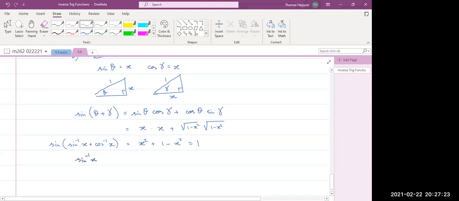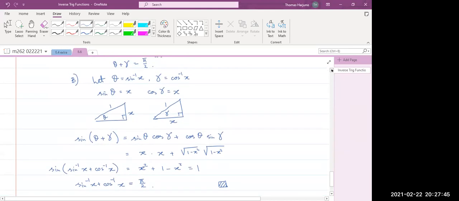Sine of blah equals 1 implies that blah must be pi over 2. Okay, that's the proof. This is a more comprehensive proof.